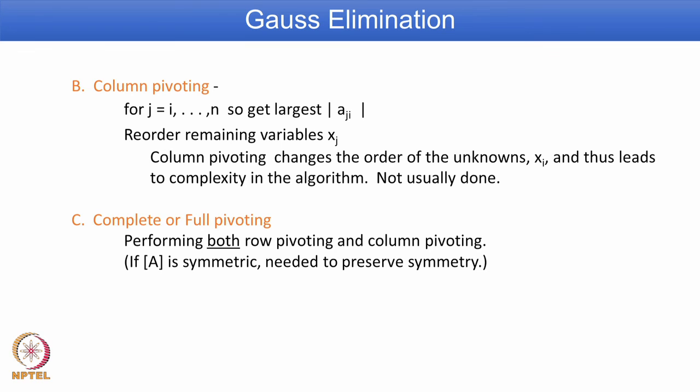There is another procedure, what is known as complete or full pivoting, where we perform both row pivoting as well as column pivoting. If the coefficient matrix A is symmetric, then we need to pay attention to preserve symmetry while doing this kind of pivoting.